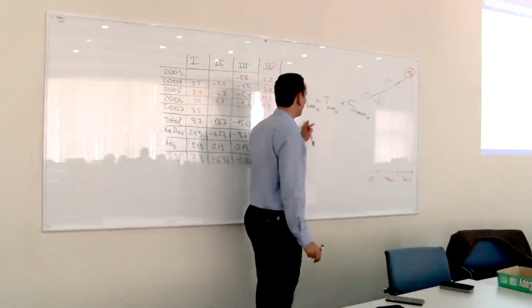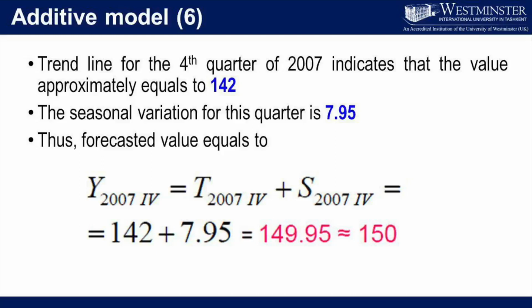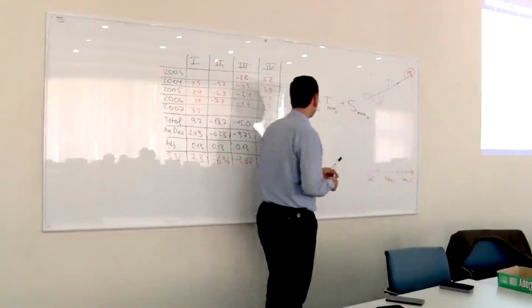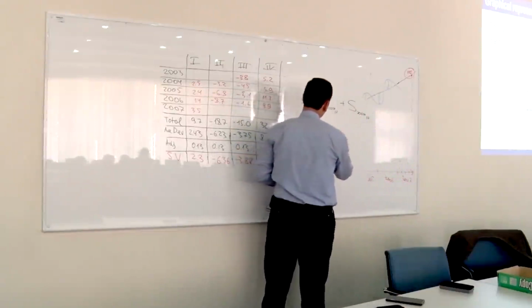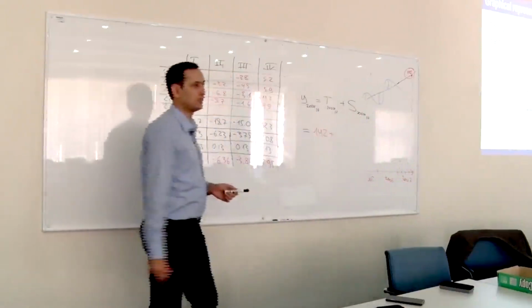Now, what do we have? What is the trend we found, by stretching the line, the trend line? 142, right? So 142 plus, what do we add?